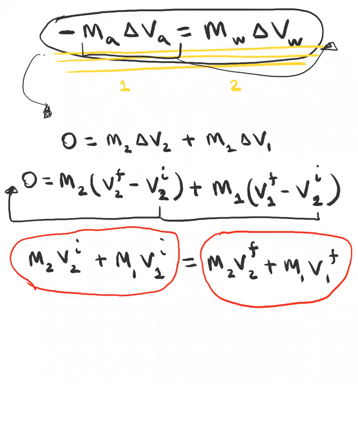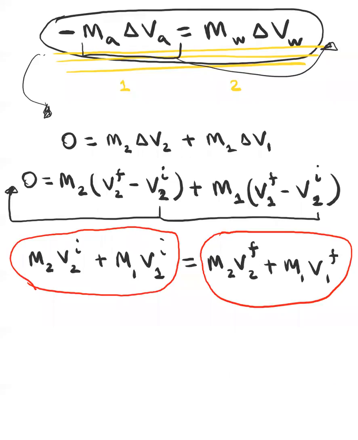This is kind of similar to what we had for energy conservation, where we had something that we could compute in the beginning, and it kept the same numeric value towards the end of the interaction. So in this case, the thing that's conserved is m times v.